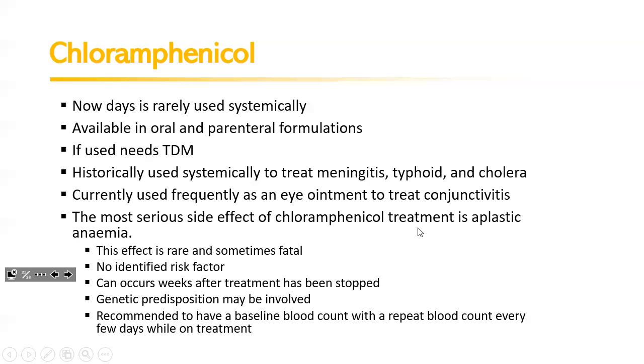It is a rare complication, but when it develops, it's fatal. It's an irreversible suppression of the bone marrow. There's no identified risk factor, though some genetic predisposition might be suggested, and it can occur weeks after treatment, even after stopping the chloramphenicol. And this is really problematic.